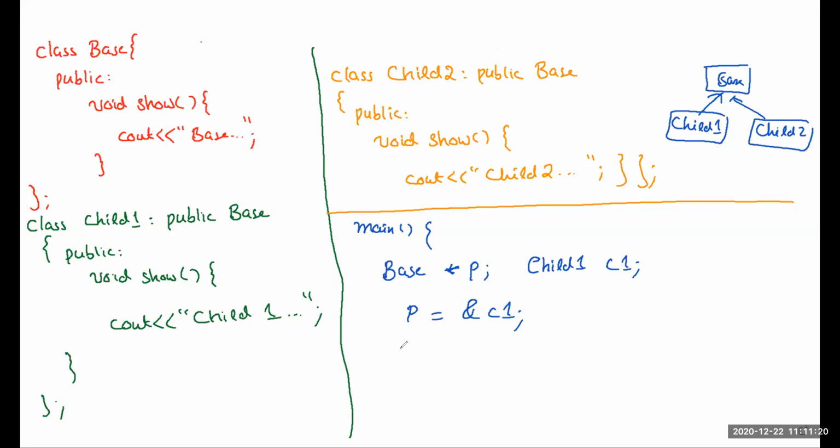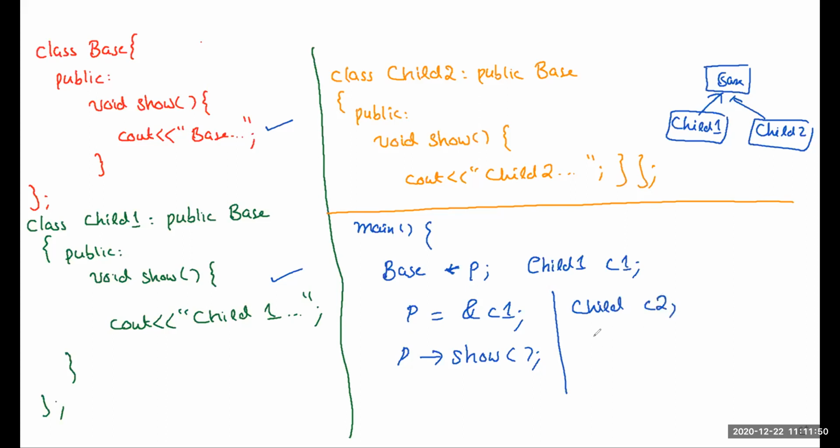Okay, but now you must be thinking, what will happen if I call this show function now, right? Because P is of type base, but the address in P is of child 1, right? So now whether the show function of the parent is called or the show function of the child is called, right?